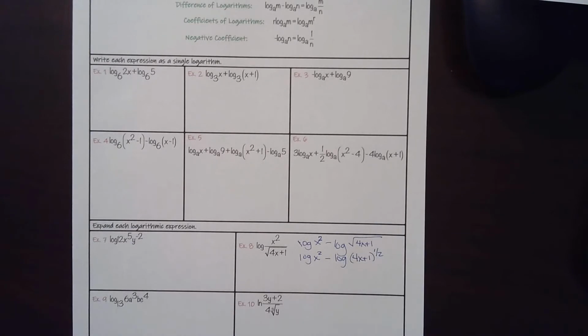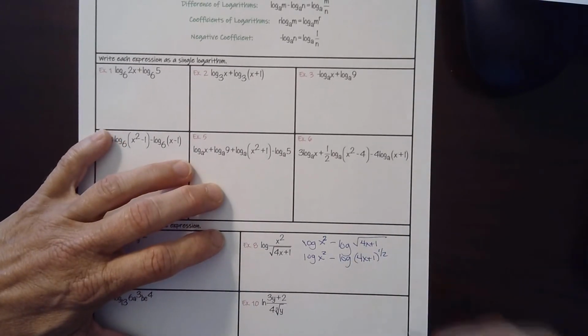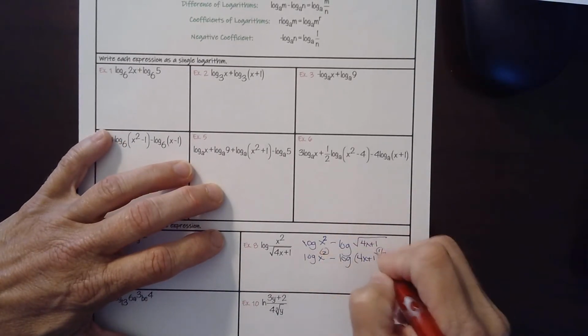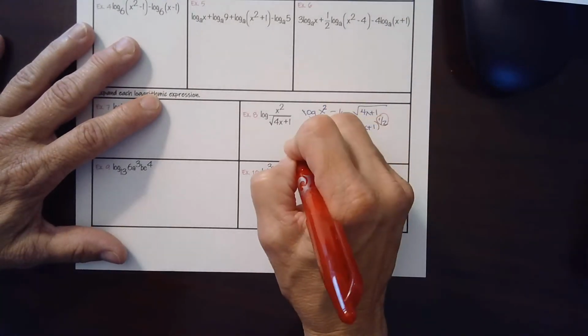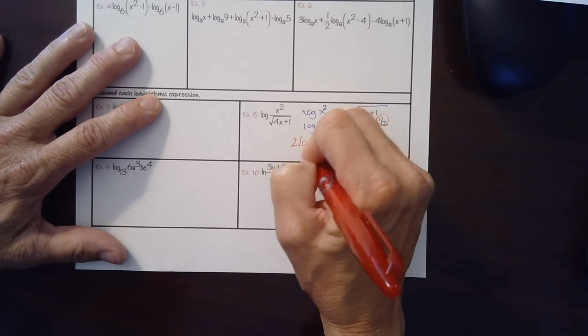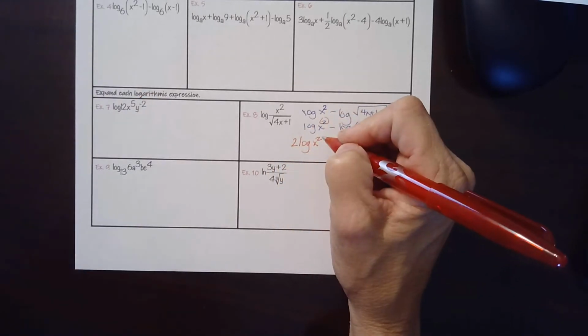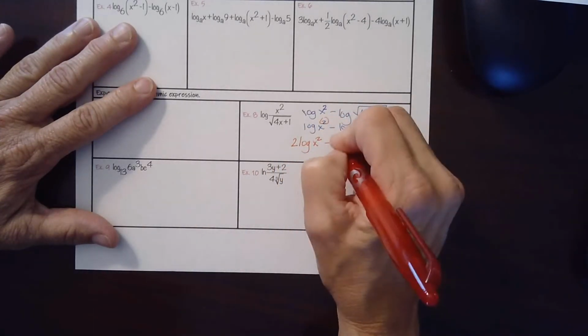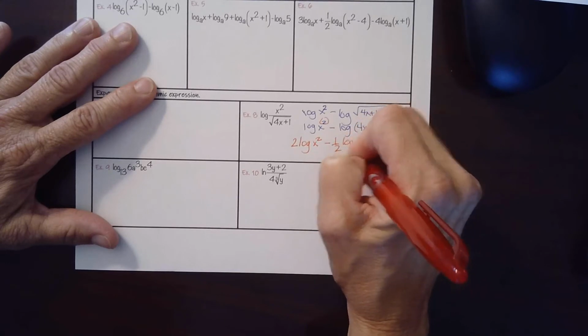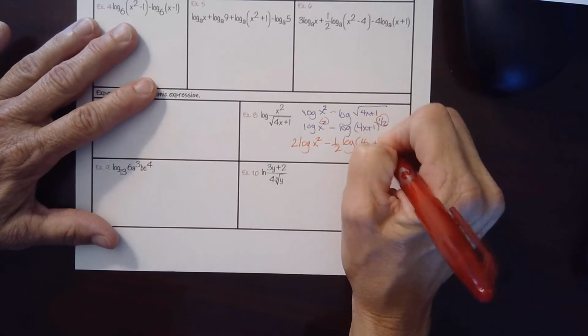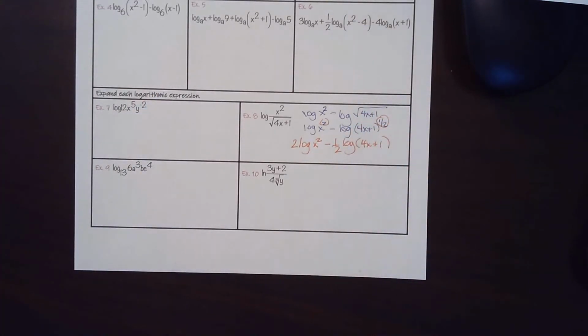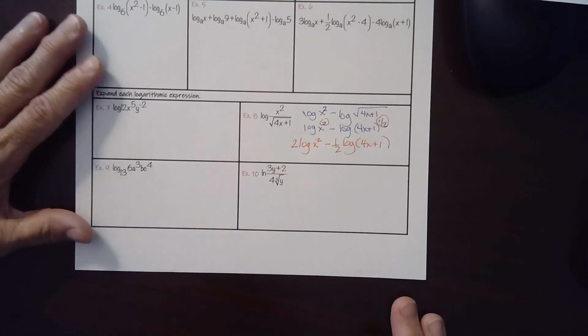Now I can finish this by taking care of the exponents. They will become powers. So this will end up being 2 times log of x squared minus 1/2 log of 4x plus 1.